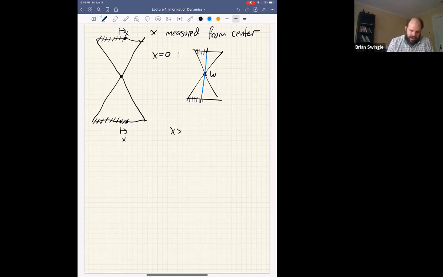But if X is greater than 0, then you have a picture like this. Suppose X is here. Well, what's the minimal curve now? Well, a little bit of thought will show you that it looks something like this.